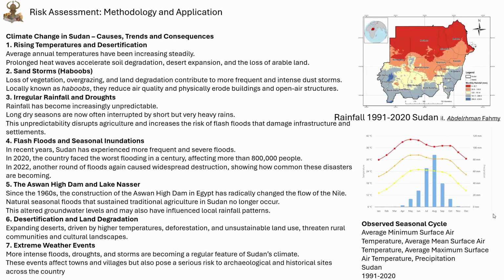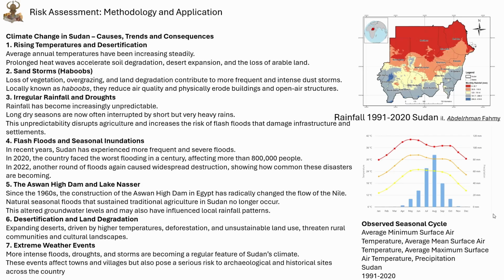And here you have some examples of analyzing climate change risk in Sudan with causes, trends, and consequences, because it's also one of the most important Sudanese risks right now.